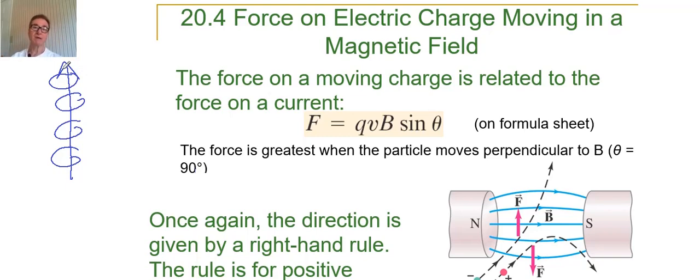A current is made up of individual electrons. And so we can think of this in the same way. What happens when one electron moves through a magnetic field? And you can see it in the picture down in the lower right-hand corner. We can see the diagram of an electron. That would be the tiny little blue dot there.